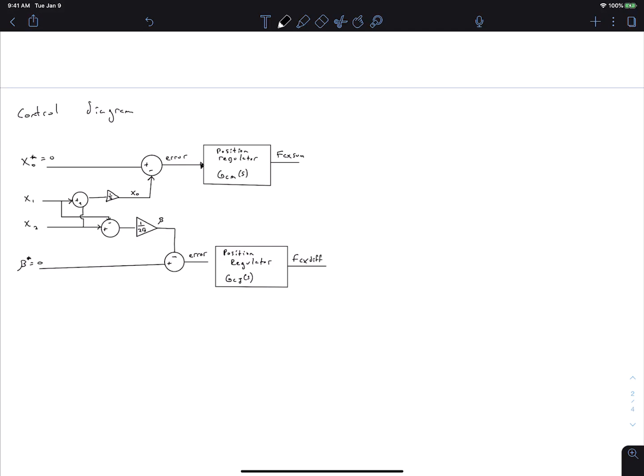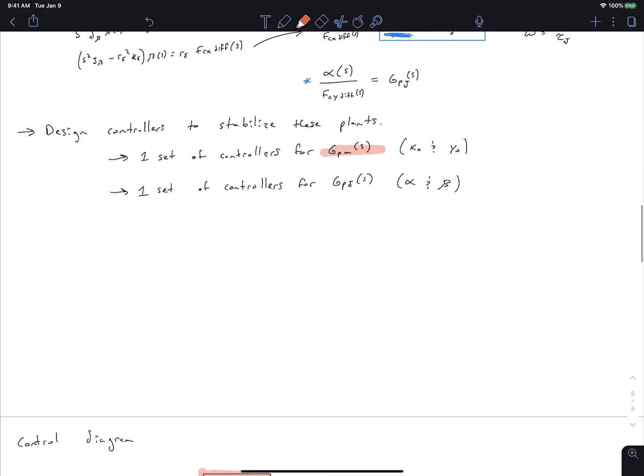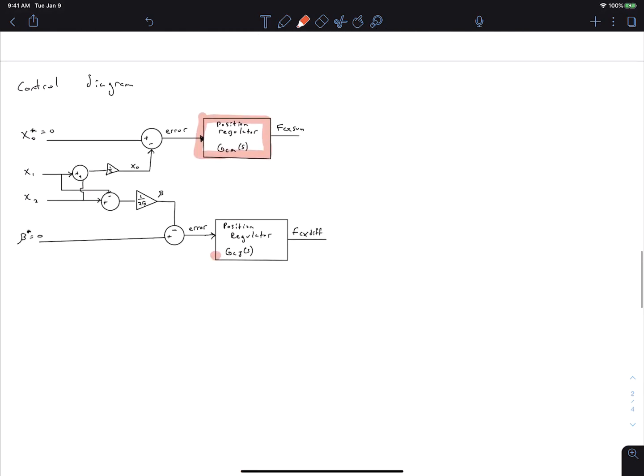And we're going to feed this into our regulators for the 2 transfer functions. So this is our regulator for the mass transfer function. That was this case up here, the x0 and y0 states. And here's our regulator for the angular transfer function. And these give us our force references, but they come in the form of FCX sum and FCX difference.